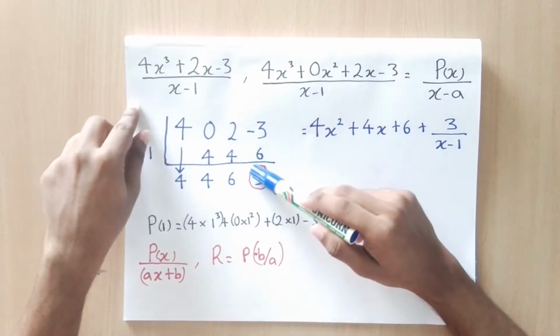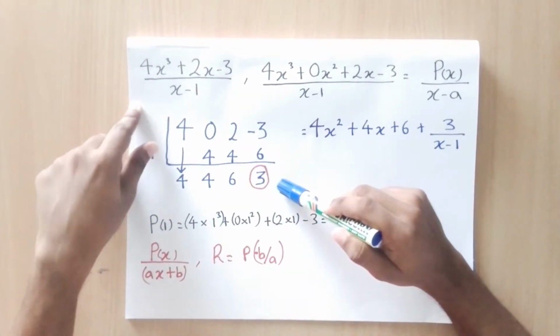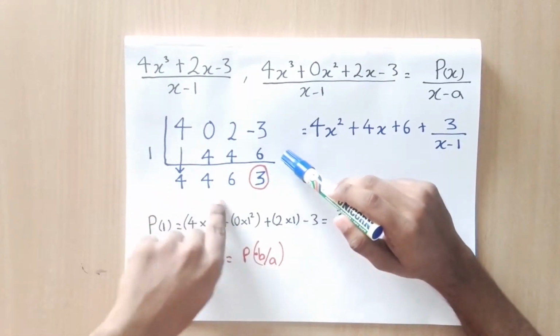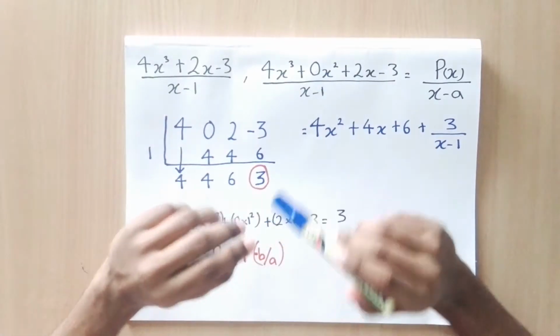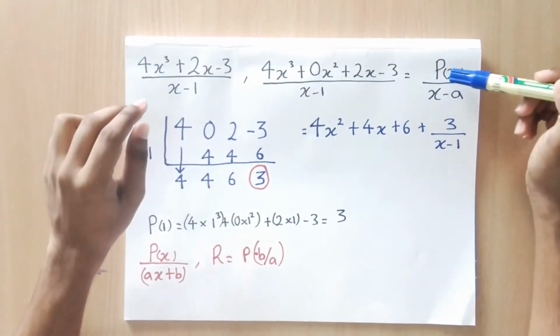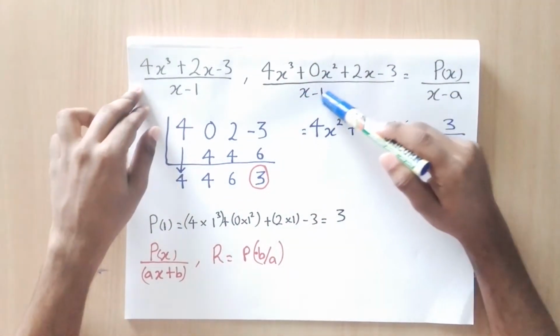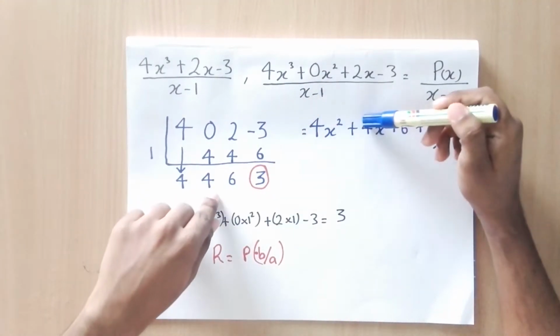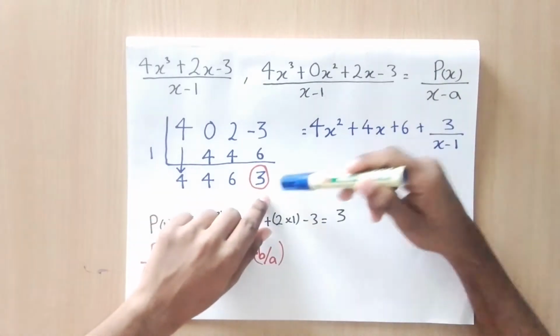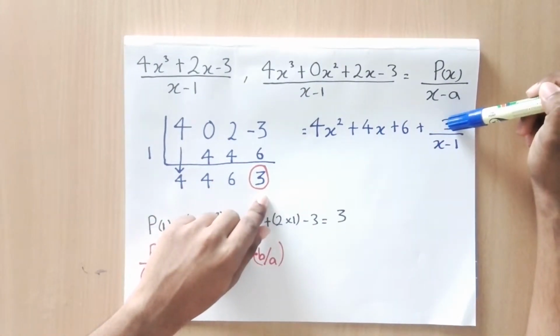Now this final number is the remainder. Finally, these numbers are the coefficients of the quotient. So the answer when p(x) is divided by x minus 1, we get 4x squared plus 4x plus 6 and the remainder 3.